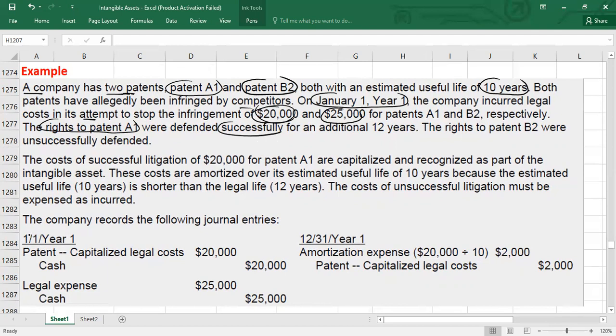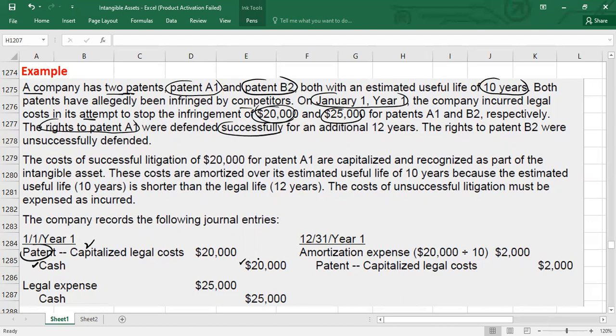So what entry will you pass in the year of defense, where you have incurred the cost? You will debit the patent as capitalized legal cost, I would say you are debiting the asset, and credit cash by 20,000. Please note this should also be amortized. Let's assume everything happened in year one.